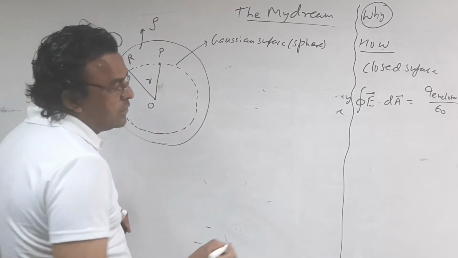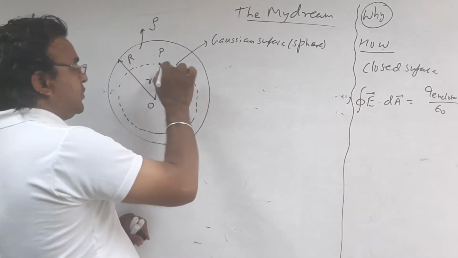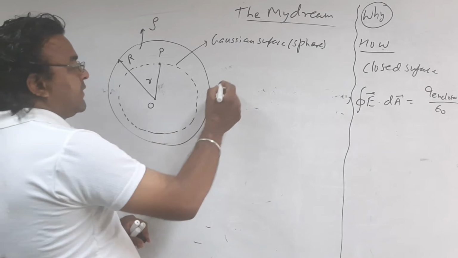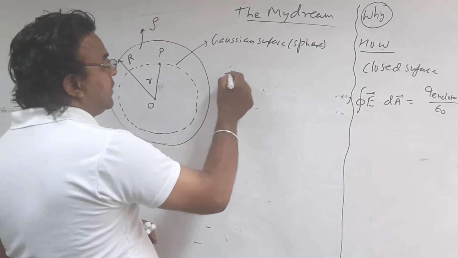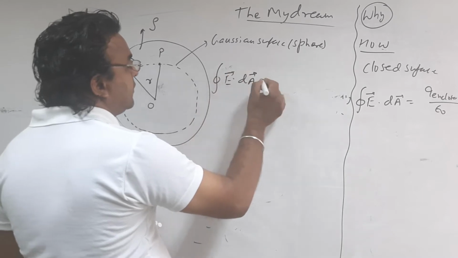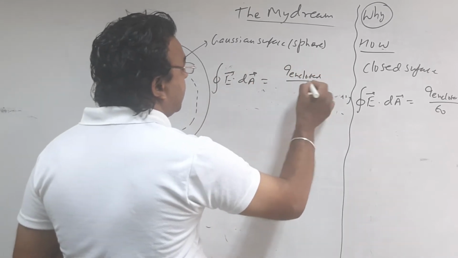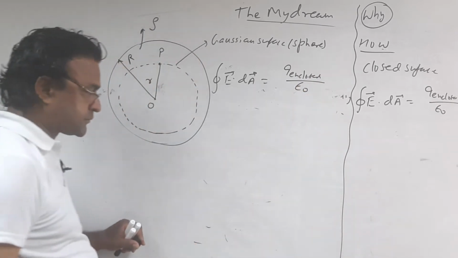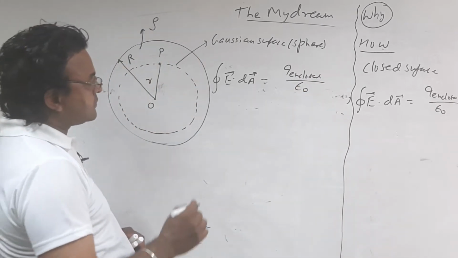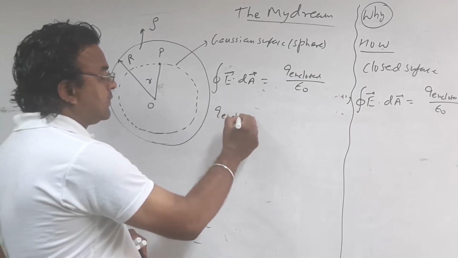Now according to this law, through this Gaussian surface, E dot dA is Q enclosed upon epsilon naught. First of all, let's calculate Q enclosed.